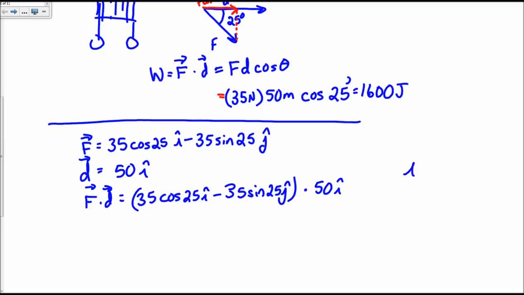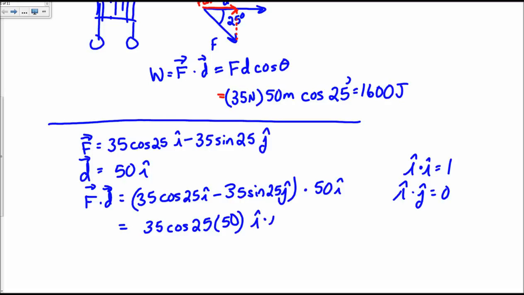And then I remember that i dot i is equal to 1, and i dot j is equal to 0. And I do FOIL on this, or I just multiply these out, getting rid of my i dot j or j dot i terms, and I just get 35 cosine of 25 times 50 times i dot i.